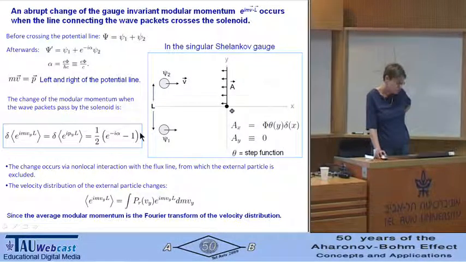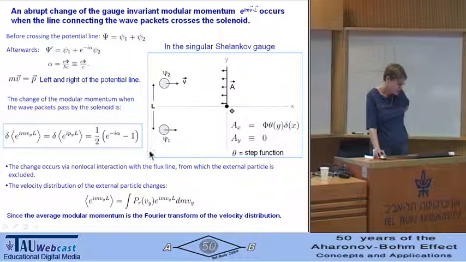Note also that the gauge-invariant momentum, both before crossing the potential line and also afterwards, equals the canonical momentum. And therefore, in order to calculate the change in the gauge-invariant modular momentum, one need only consider the usual modular momentum, and one obtains this alpha-dependent result.